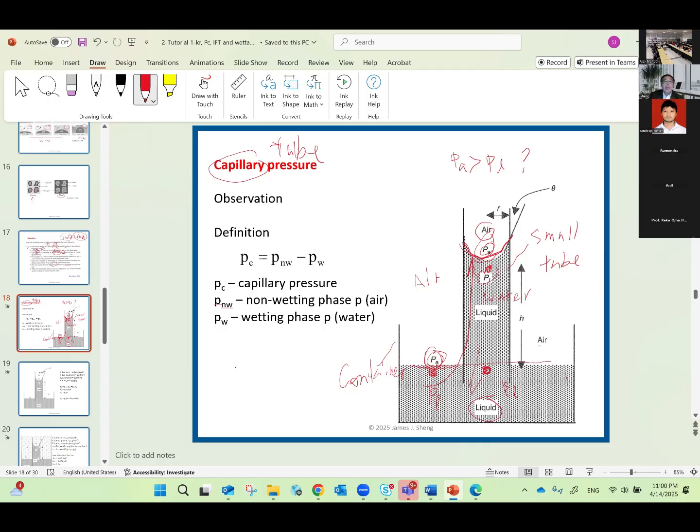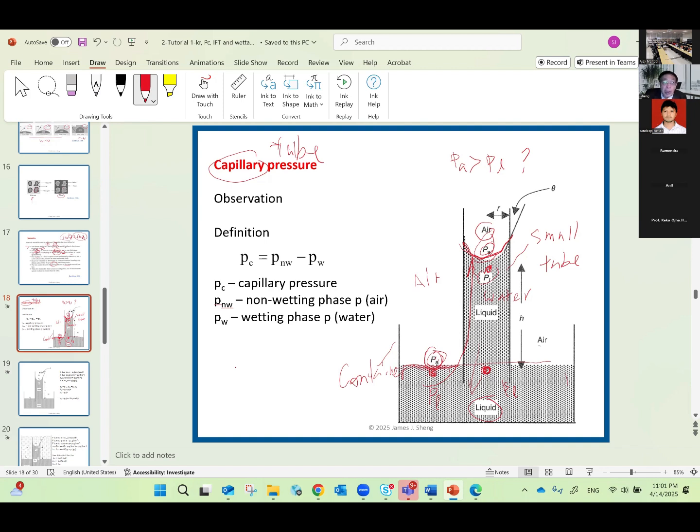Okay, so by this analysis, we found these two pressures are different. But earlier, we assumed that at the bottom flat surface, the air pressure equals the water pressure. So what is the difference between the two interfaces?